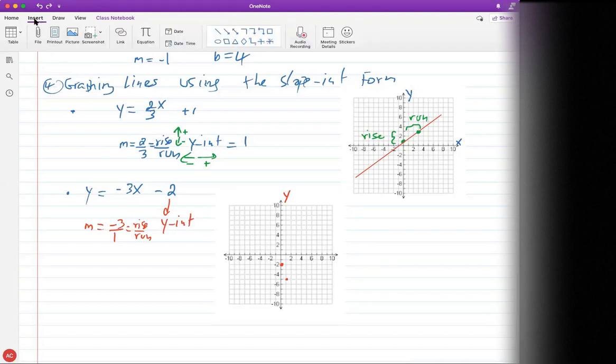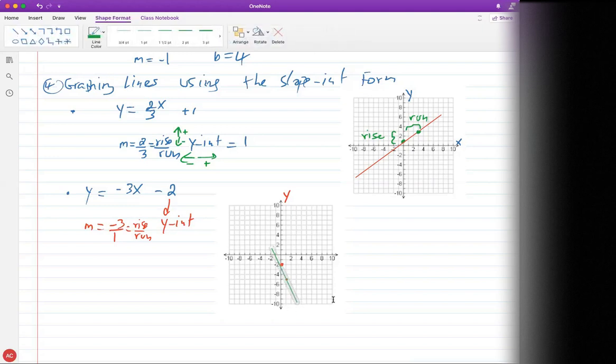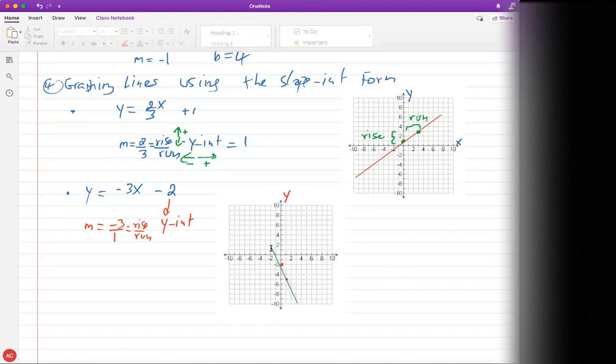So let me try again. You'll be using a ruler for this, so it's easier. So something like this. Okay, so the line again has to go through those 2 points like so.